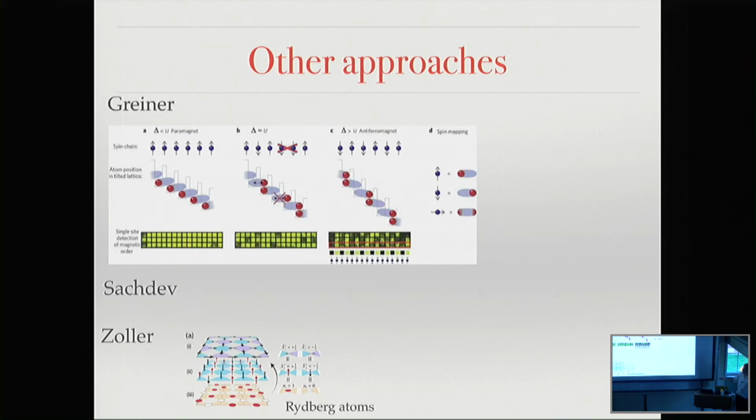And Subir Sachdev talked both about these and about more generalizations in two-dimensional settings. The nice thing about all of these is the energy scales are on the hopping level rather than on the superexchange level. So there's some fundamentally better aspects of this stuff on those grounds. Peter Zoller also had some nice ideas about using Rydberg atoms, and you can sort of understand that the geometric constraints come about from Rydberg blockade.